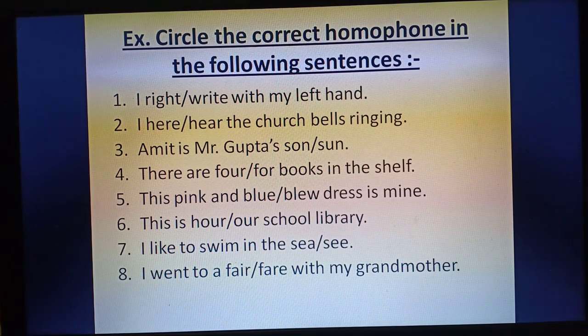This is our school library. Number 7: I like to swim in the SEA or SEE. The correct answer is SEA. Number 8: I went to a fair, FAIR, fair, or FARE, fair, with my grandmother. The correct answer is FAIR, fair.